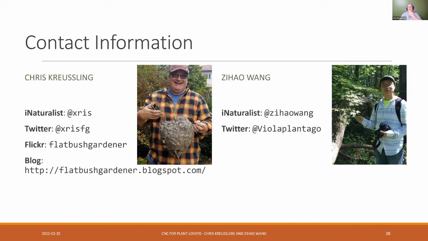We're both on Twitter, both active on Twitter. We both participate in the Wildflower Hour NYC, which will be tonight at 8 o'clock. I have a lot of photos. All my photos end up on Flickr, so you can search for me there. And Flatbush Gardener, that is my social media name that I use all over the place. So some places I'm better known as Flatbush Gardener.